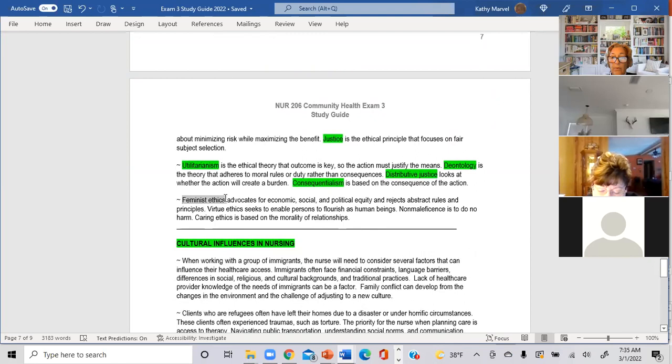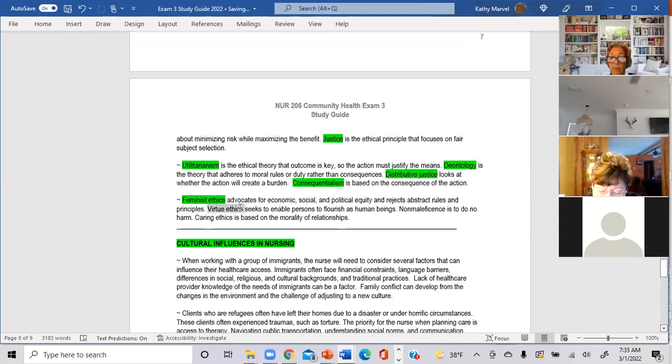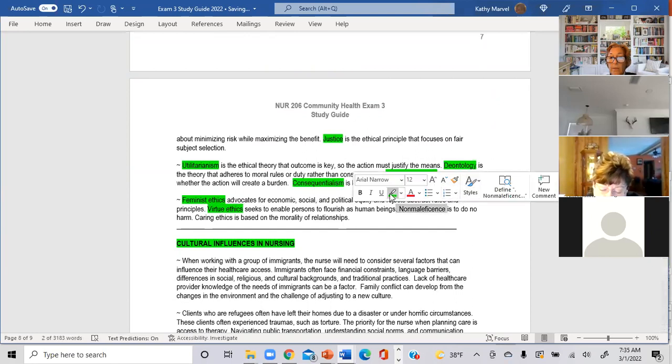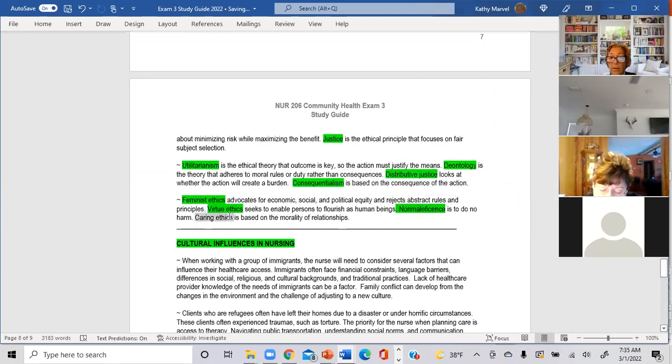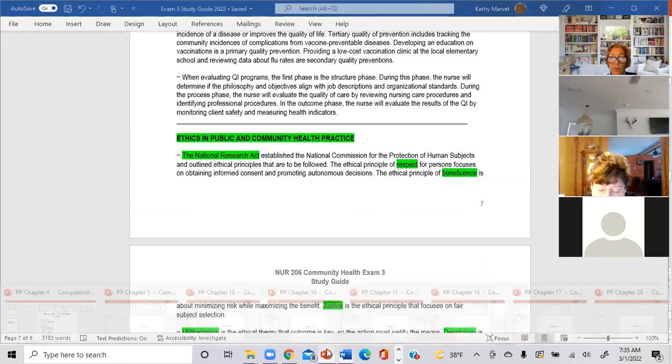And then here's your feminist ethics. Gives you a summary of that, your virtue ethics, right? Your non-maleficence and your caring ethics. We just covered all of that. So do we have a good understanding of chapter 4? Chapter 4 is a lot of definitions. Okay. Let's go to chapter 5.